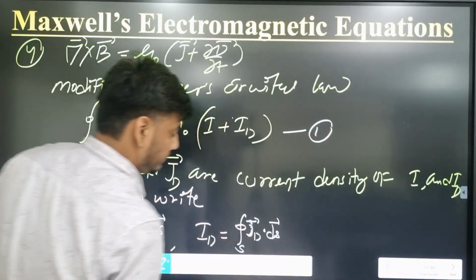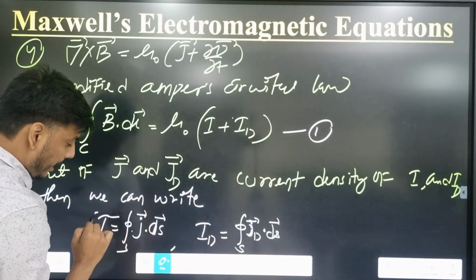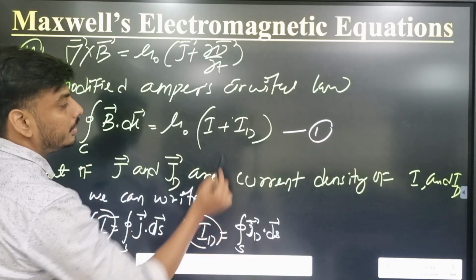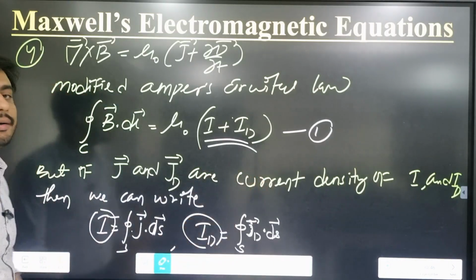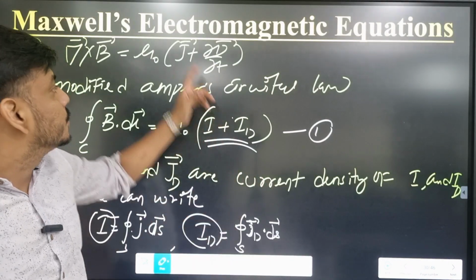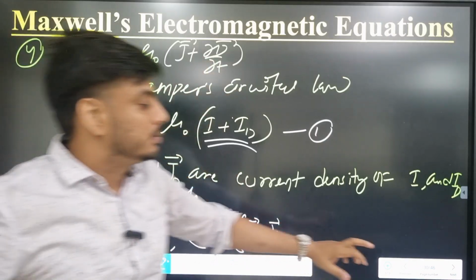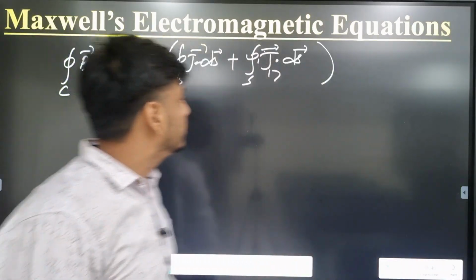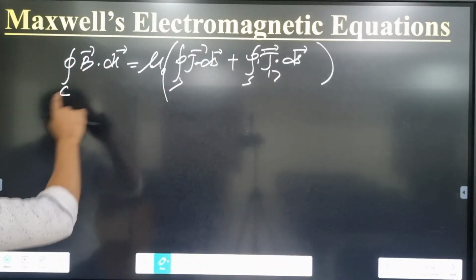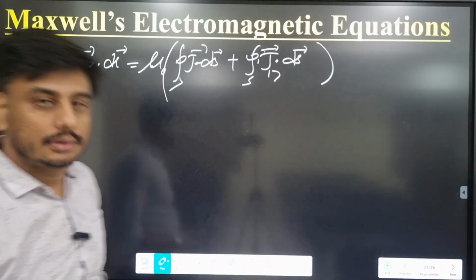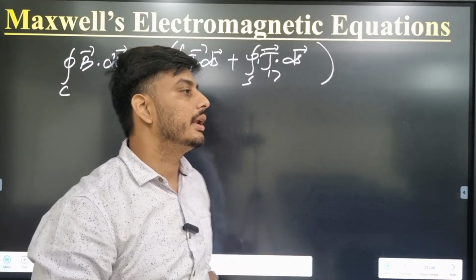See here, in place of I and I_D, we use the integral terms. Now our aim is to convert that equation to the required format, so we can use Stokes theorem, because here you can see surface integral and line integral. Clear?